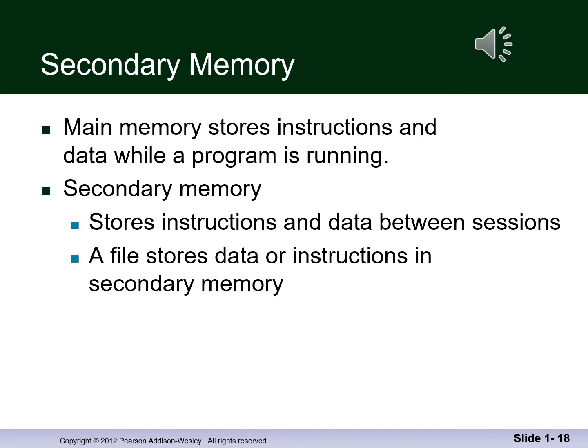A file stores data or instructions in secondary memory, most likely a hard disk drive or a flash drive or some sort of permanent storage device. Primary memory is not permanent, it's volatile, and when the computer loses power, the contents of primary memory are wiped clean. Secondary memory is non-volatile.